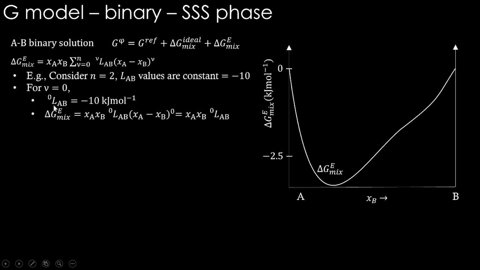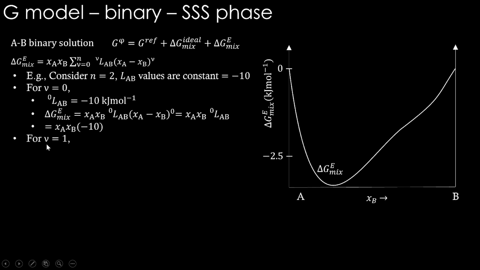If LAB 0 is the only term, then it will be XA XB LAB 0 (XA minus XB) power 0, which is equal to XA XB LAB 0, right? But we are not going to stop with only this. We are going to continue. First, if we substitute LAB being minus 10, we are going to get this term, right? And that is the LAB 0 term.